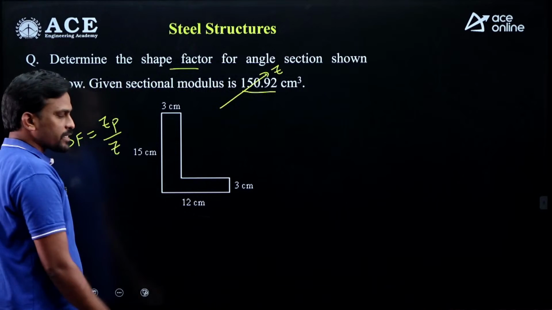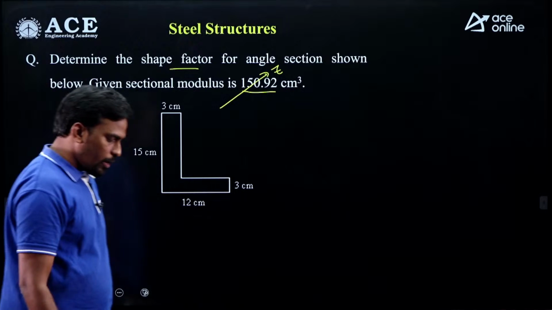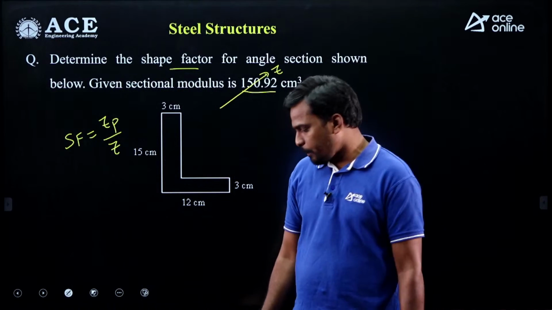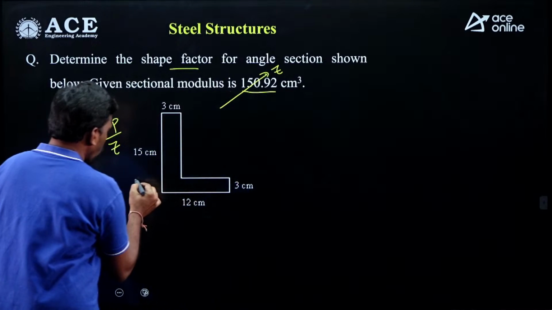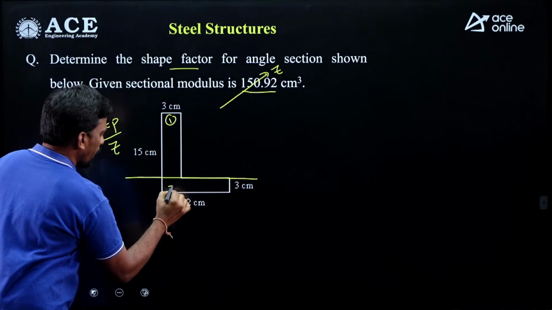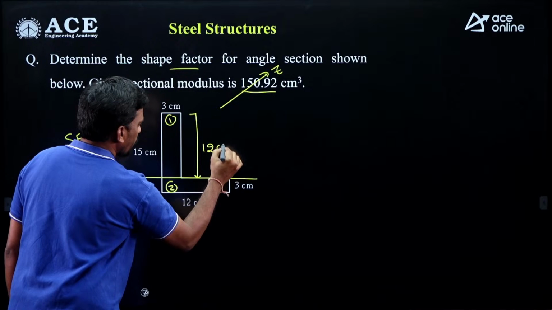So to find the plastic sectional modulus, first we have to locate the plastic neutral axis. I told, plastic neutral axis always divides the total area into two equal parts. Okay. Now make it two parts. So this is part 1 and this is part 2. Okay. So this is 12 centimeter. Okay.